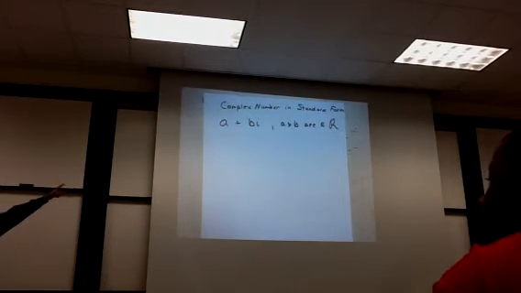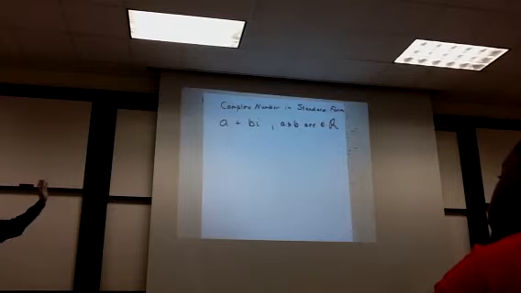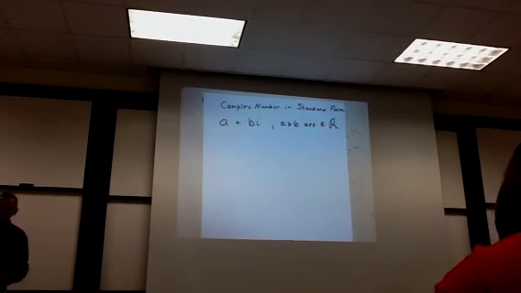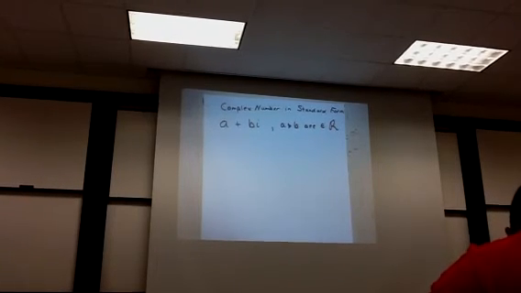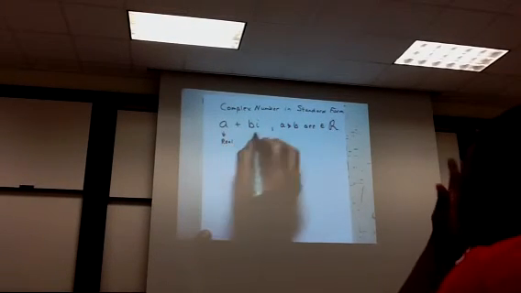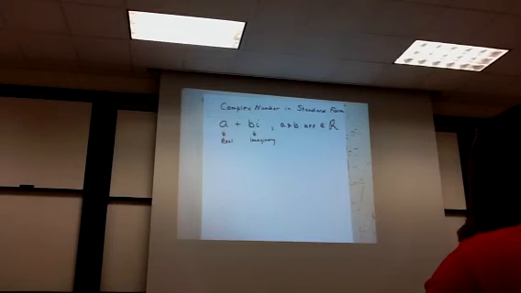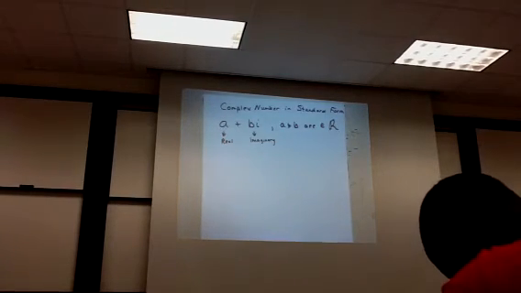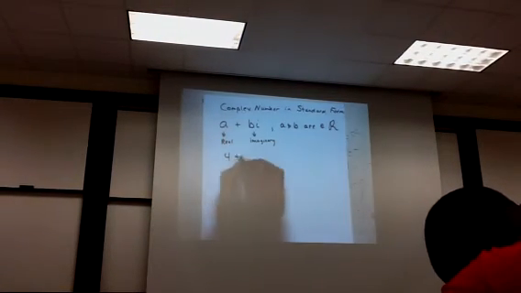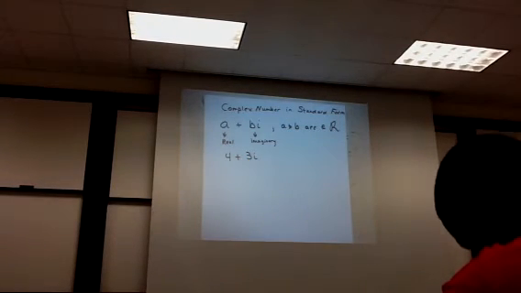So notice you got an a, which is a purely real number part. And then you got the bi, which is a number of i values, called the imaginary part. This is the real number part, and this is what's called the imaginary part, the i part. And here's an example. There's a very typical complex number in standard form.